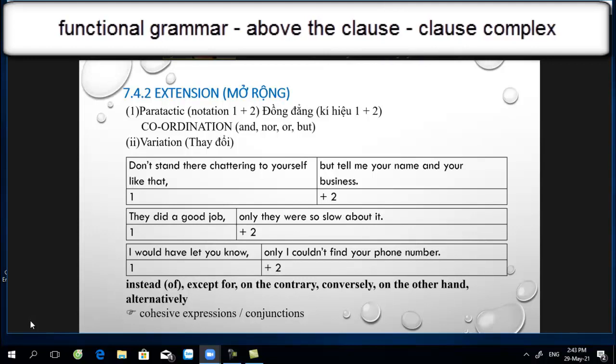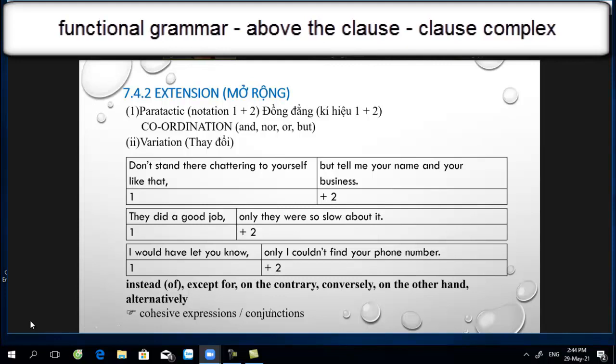The second one. Miss Nguyệt, please. They did a good job, only they were so slow about it. Okay, thank you. And the last one, please. Miss Dean. I would have let you know, only I couldn't find your phone number.